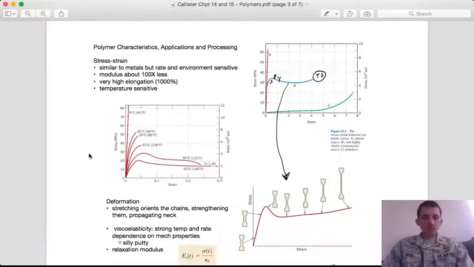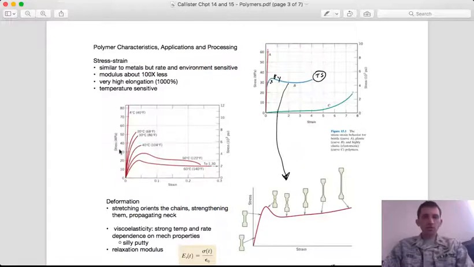And so you can do a stress strain curve on a polymer sample just like you can a metal, right? You can fashion it into a dog bone, pull on it with a known stress, measure the strain, generate your tensile test, your stress strain curve. And the test is similar, but the results are quite different.